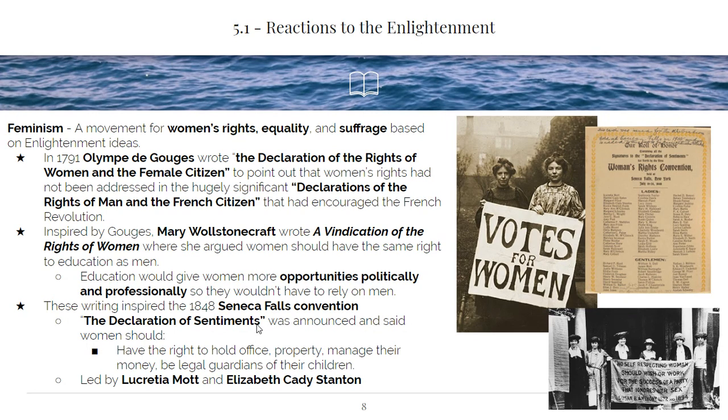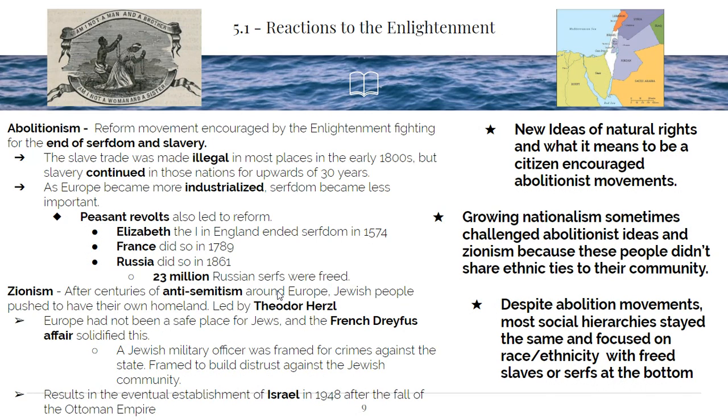The Declaration of Sentiments said women should have the right to hold office, property, manage their money, be legal guardians of their children. Elizabeth Cady Stanton was the champion of the Seneca Falls Convention, but it takes until 1920 for women to get the right to vote. So feminism was a movement for women's rights of equality and suffrage. If there was something about Enlightenment, this slide right here, all these facts would be on the cheat sheet.